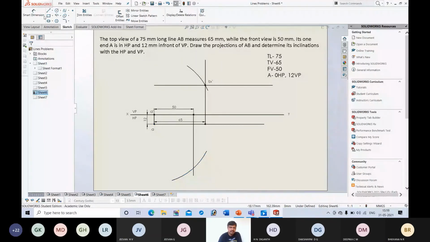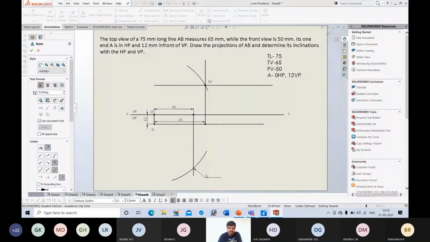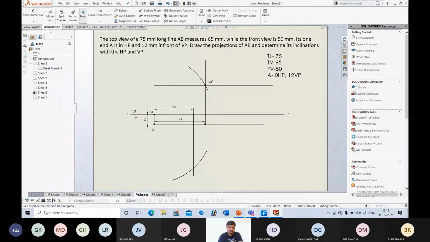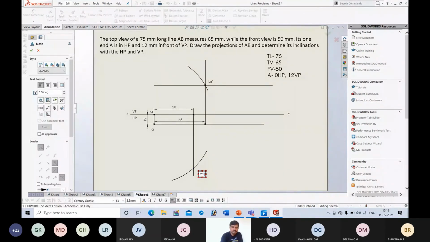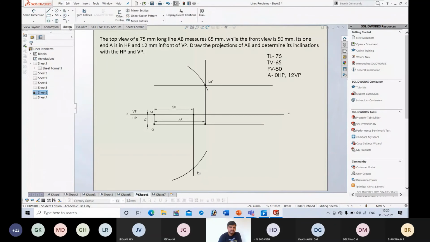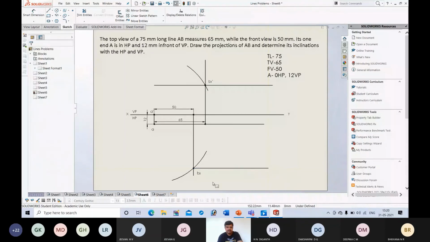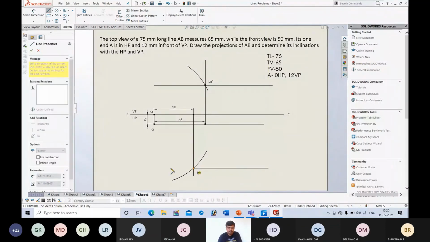It will cut this line. So that point is B2. Okay, immediately I will draw horizontal line. So this is the locus.